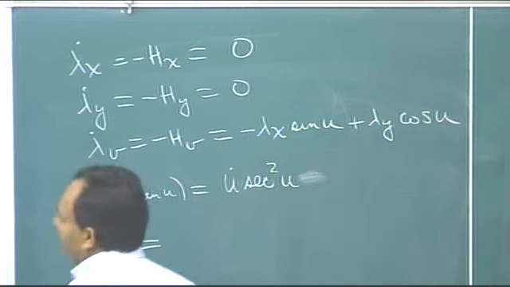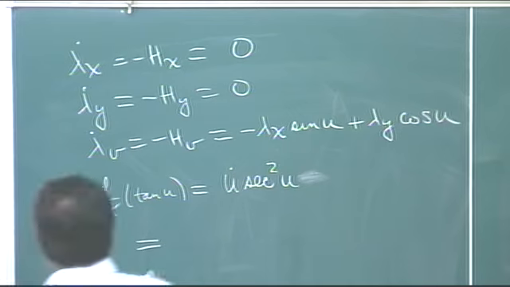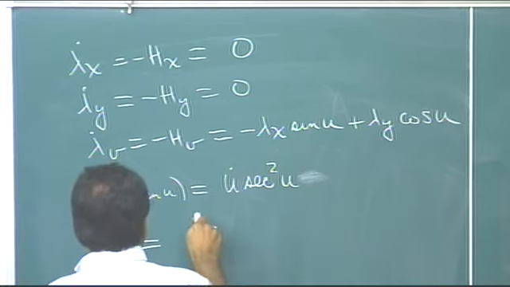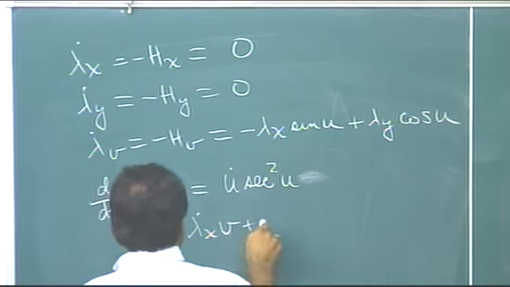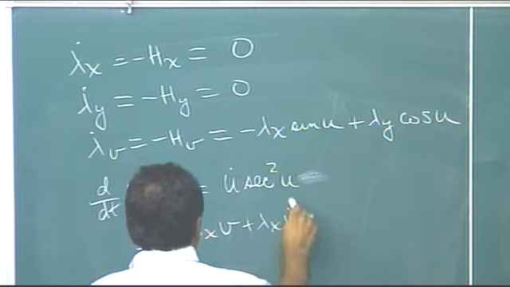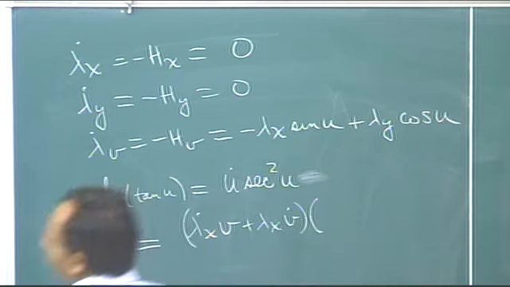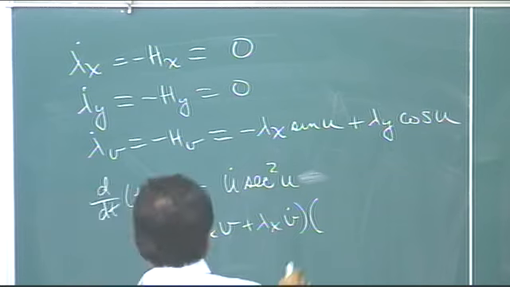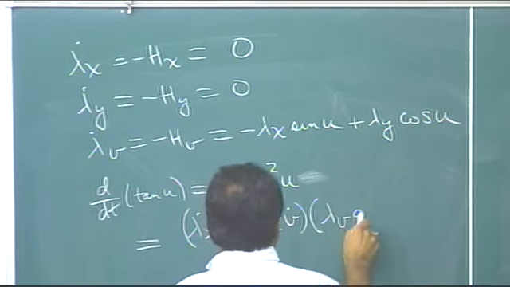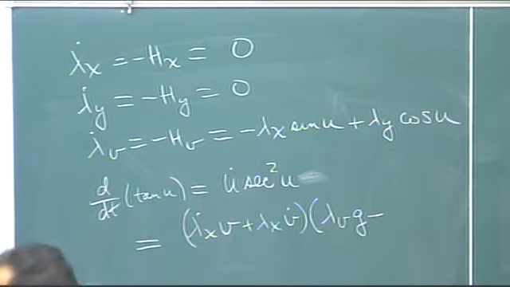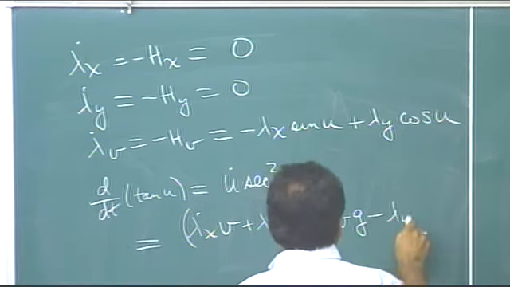I get the derivative of the numerator, which is lambda x dot v plus lambda x v dot, all times the denominator, which is lambda v g minus lambda y v.